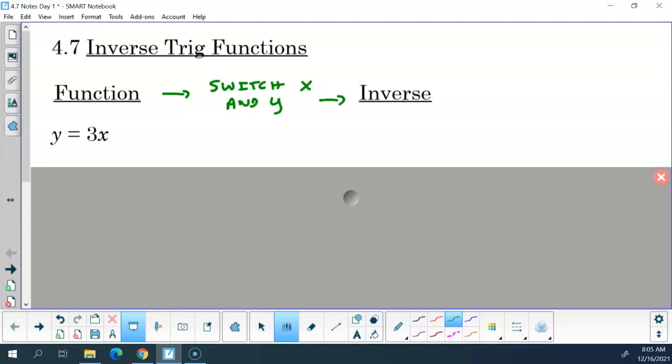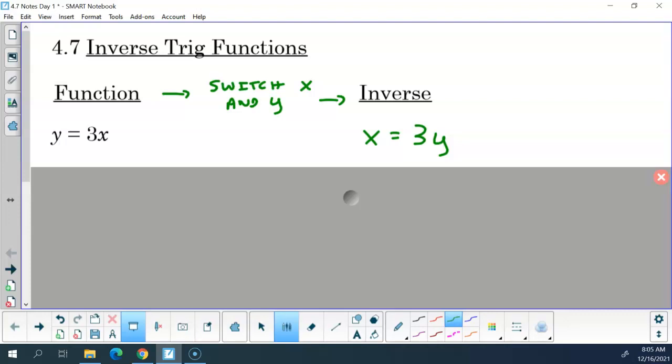Okay? So that's the very first thing that you do. Switch them around. So if my function is y equals 3 times x, that would become x equals 3 times y. Literally just switch the position. Substitute y in for x, substitute x in for y.